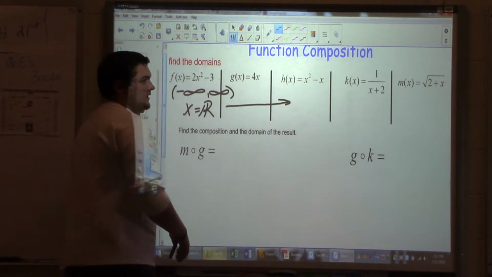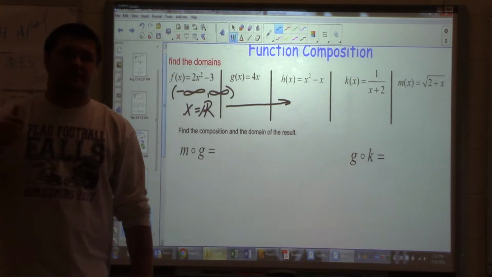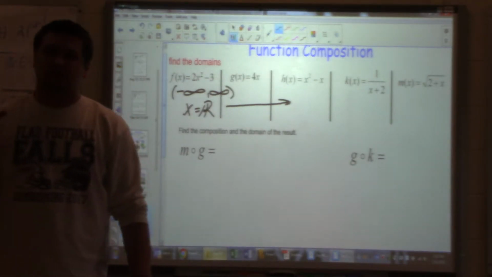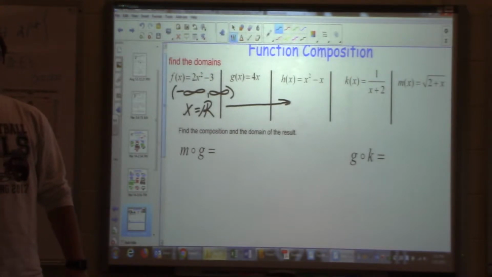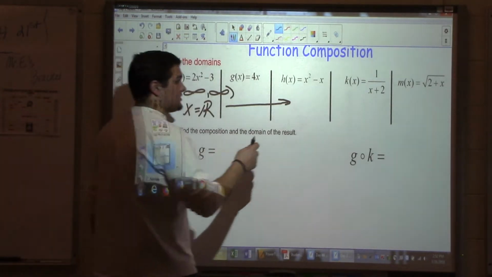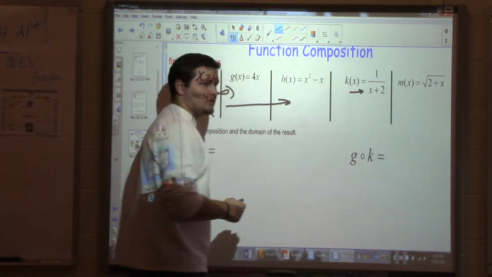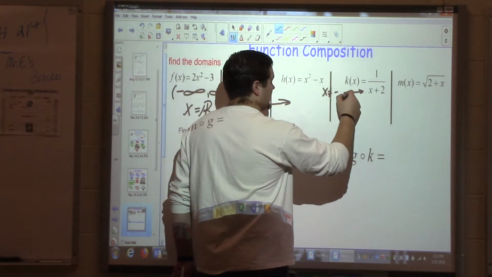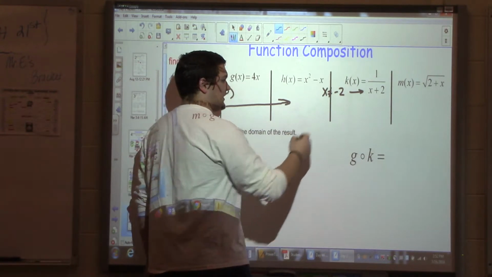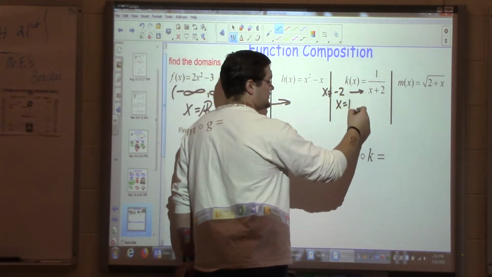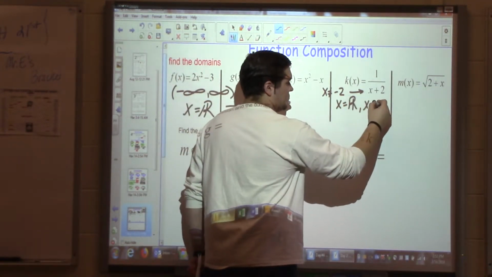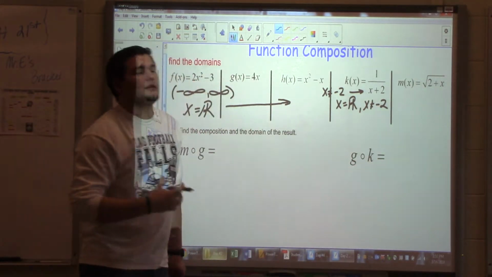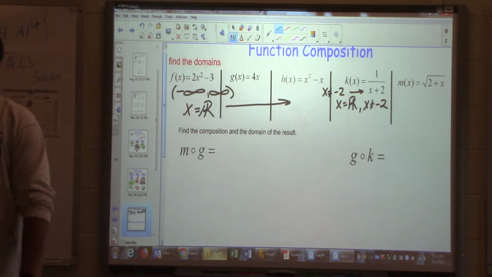Alright. K of x. Does it have a denominator? Yes. Does it have a radical? No. It just has the denominator, right? So I need to figure out what's going to make that equal 0. Negative 2. So I know x cannot equal negative 2. So when I go and write it in real number notation, x is in the real number set, comma, x cannot equal negative 2.